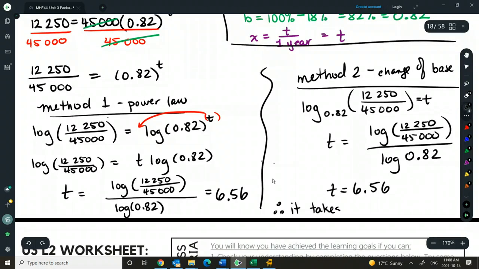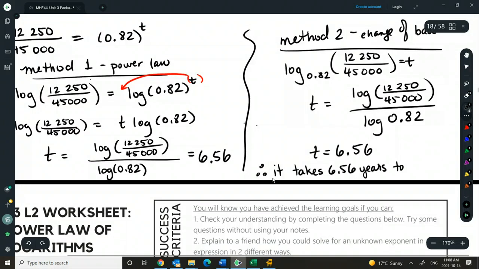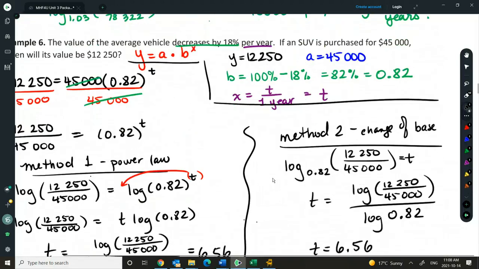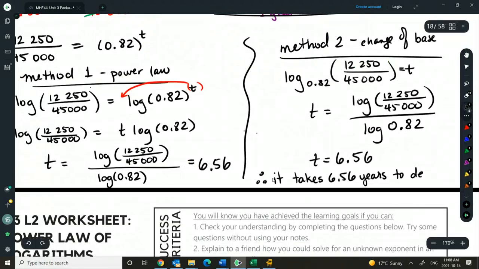We'll just leave it. Yep. Yeah. Okay, so in 6.65 years, it takes 6.65 years to decrease to $12,250.